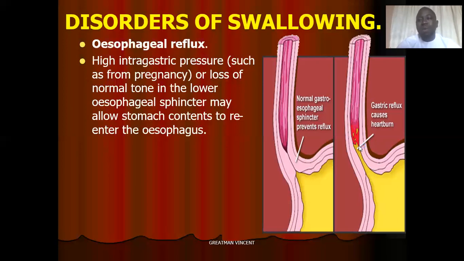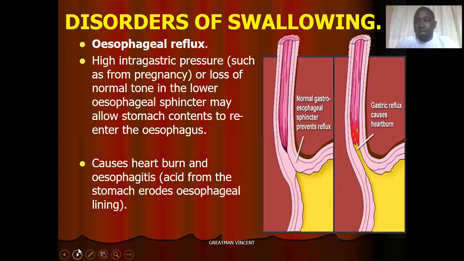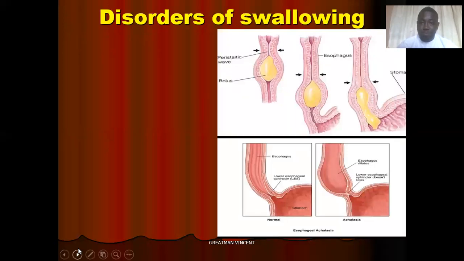This is basically what we call acid reflux or esophageal reflux, which leads to esophagitis and then heartburn. Basically, acid from the stomach erodes the esophageal lining.